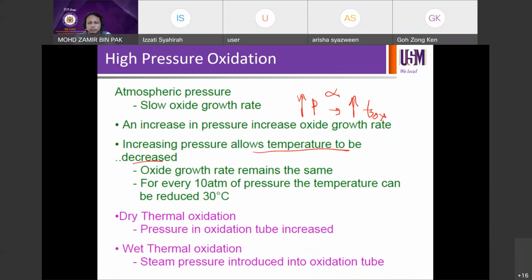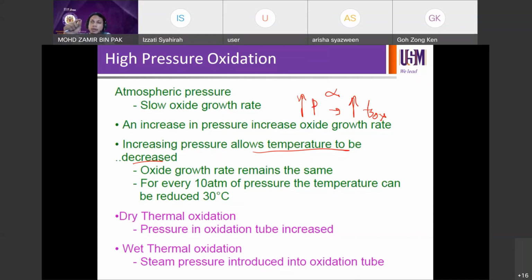So if you want to balance, for example, this process, we know that when you increase the pressure, you get higher oxide thickness, and then when you increase the temperature, you can also get higher oxide thickness, right? So if you want to increase one and reduce the other, you can actually balance or fix the oxide thickness.